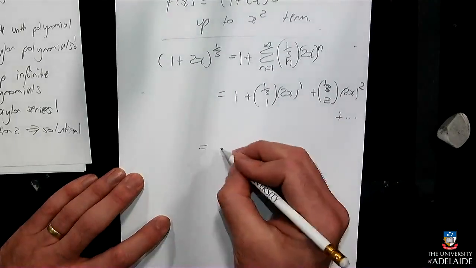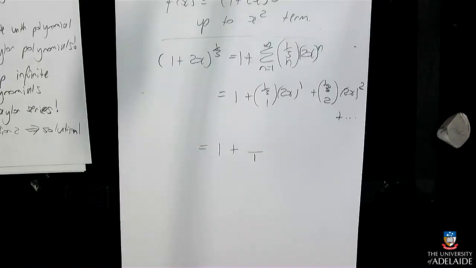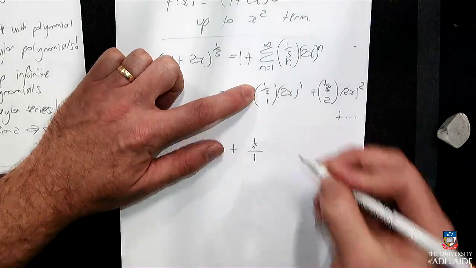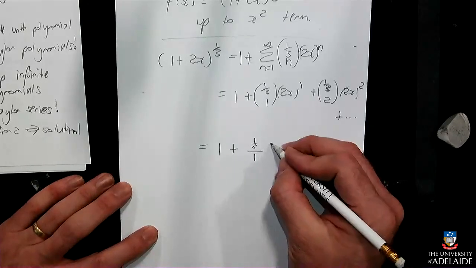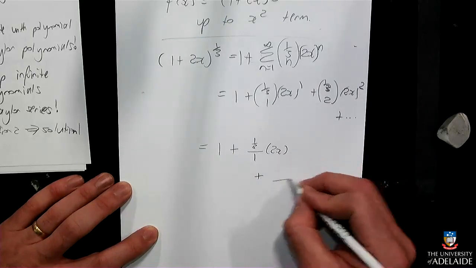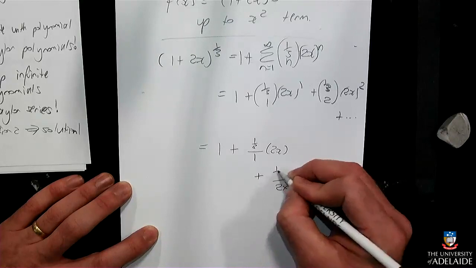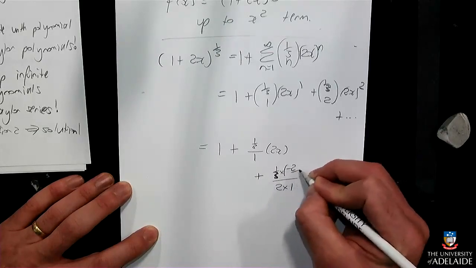Okay, so 1/3 choose 1 is 1 on the bottom. If it was 2, it would be 2 times 1. If it was 3, it would be 3 times 2 times 1. And this number on the top goes down the same number of steps; well, there are no other steps. So that's what it is. And 1/3 choose 2 is 2 times 1 on the bottom and 1/3, and then what I get when I subtract 1 from that, which is minus 2/3.